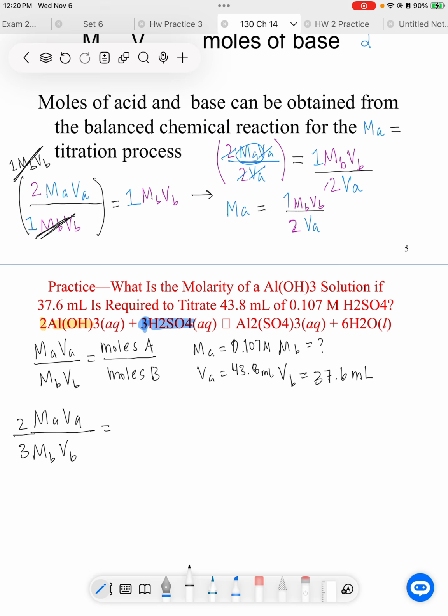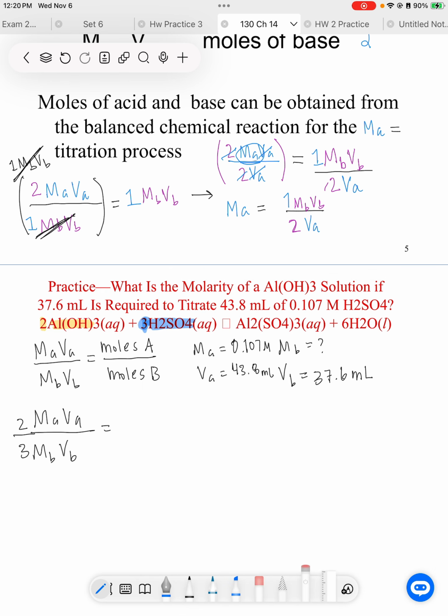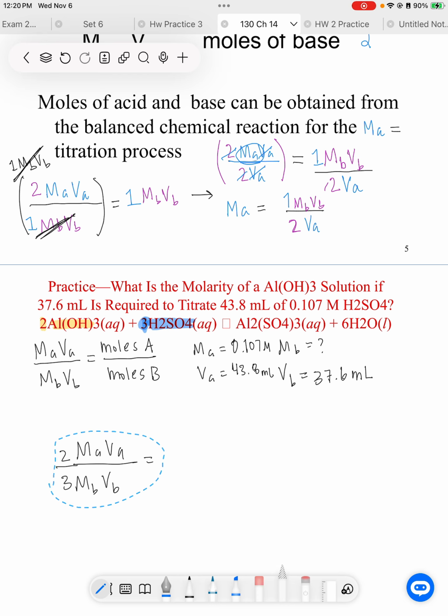Now, what do we want to isolate? What variable are we solving for that we're trying to isolate? Oops, sorry guys. We are trying to solve for the molarity of the base. So we want to isolate our MB. That's what we want to get on one side of the equal sign. So the first thing that we're going to do is multiply. We're going to multiply out this bottom equation right here, because we can only multiply out the bottom. We can't multiply this whole thing by the top.